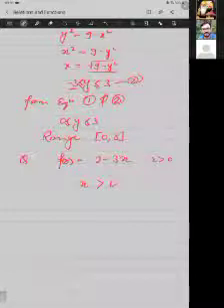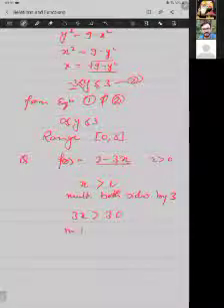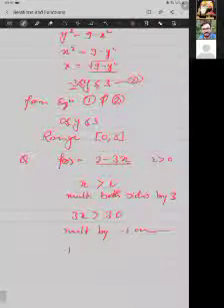If we multiply by 3 on both sides, we get 3x is greater than 3 into 0. Now multiply by minus 1 on both sides, so minus 1 into 3x, minus 1 into 0.